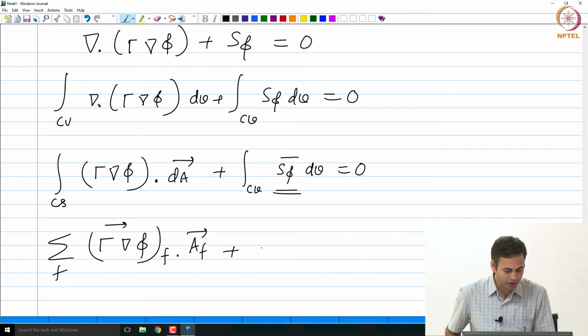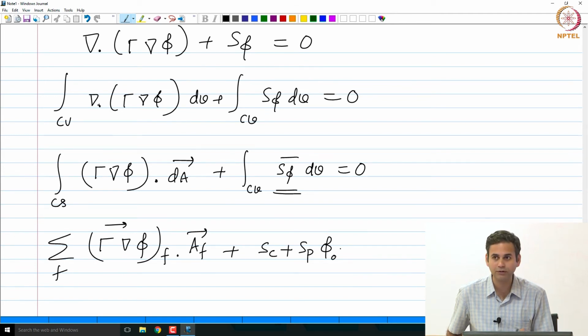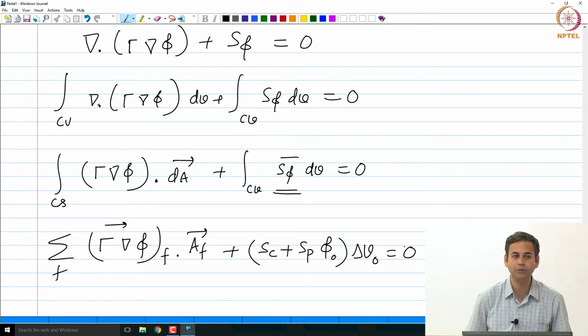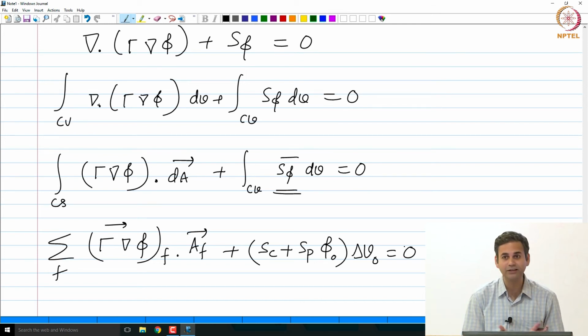So, this would come out to be S c plus S p phi 0, where phi 0 is basically for the C 0 cell, times delta V 0, that is delta V p. Fine. We have not done anything different compared to the Cartesian coordinates till now.